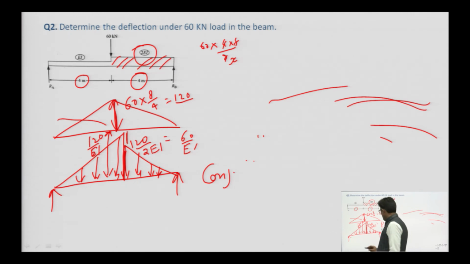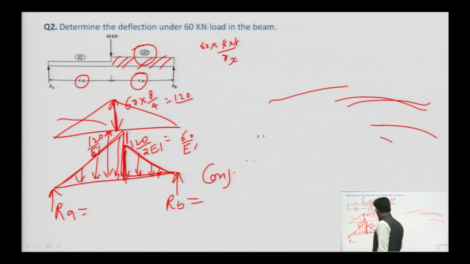Now, we need to calculate the value of RA and RB. Here the values of RA and RB will be different, because the loading is different, triangular loading is there, and they are not symmetrical with each other. So, we will do as we did in the previous question.